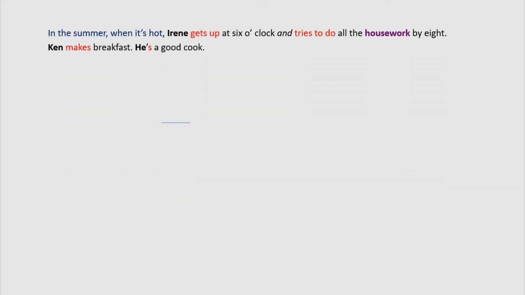Okay, let's continue with the diagramming. In this case, we have the first part of the sentence: in the summer, when it's hot, Irene gets up at 6 o'clock and tries to do all the housework by 8. Let's analyze the first part of this sentence, that is, in the summer when it's hot. What is the main noun of this part?